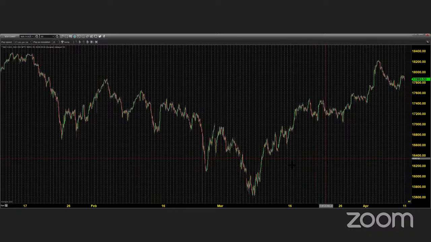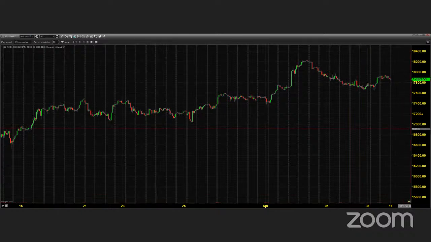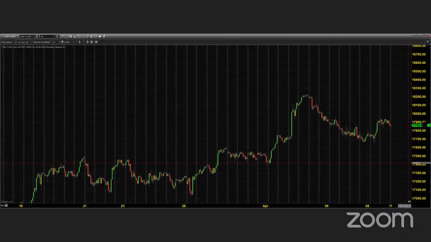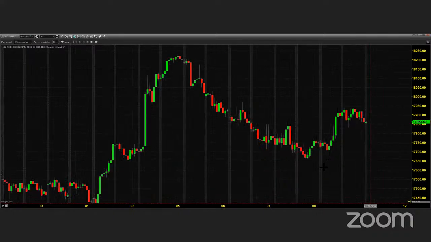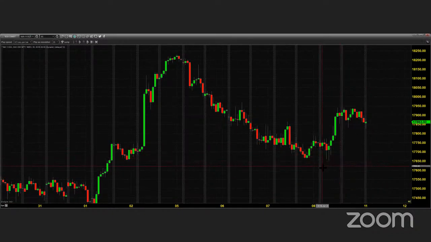If I enlarge this screen, you will see vertical dotted lines marking the trading sessions. One trading session is for the Indian Nifty market, and the other trading session is traded on the Singapore exchange.